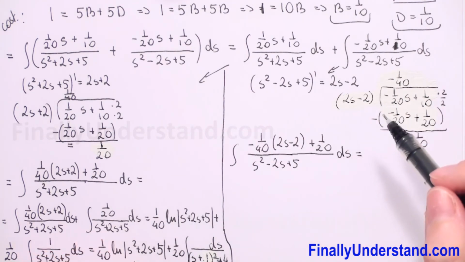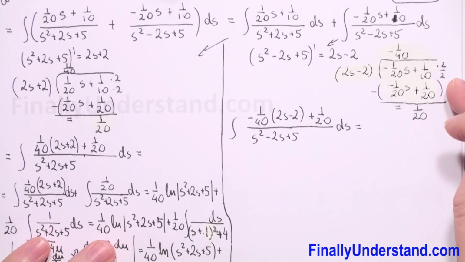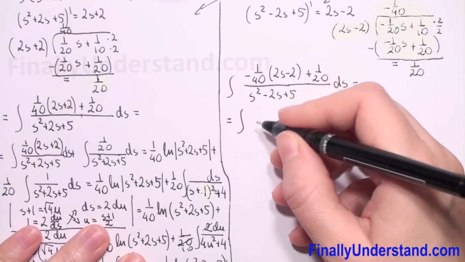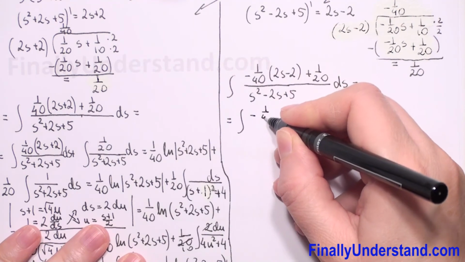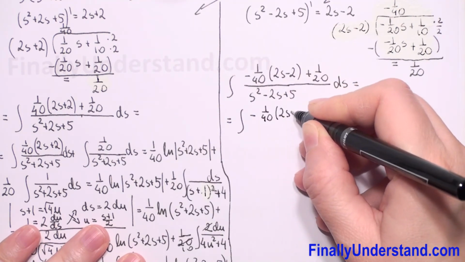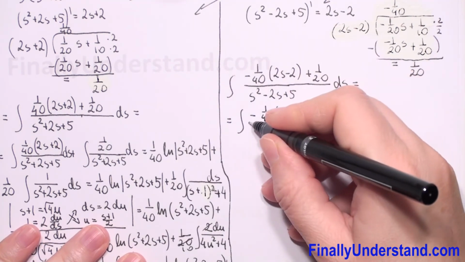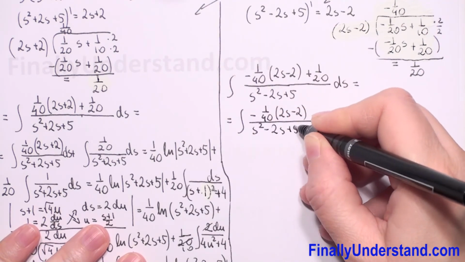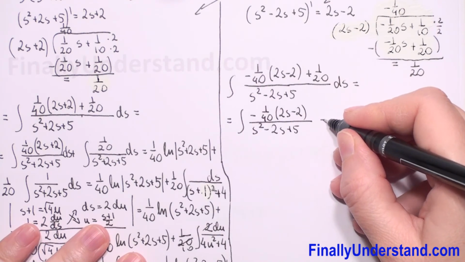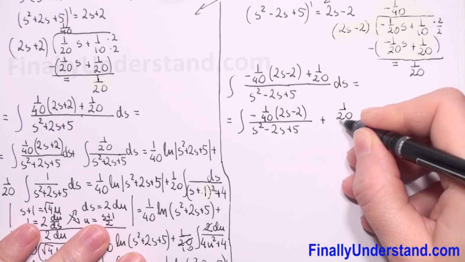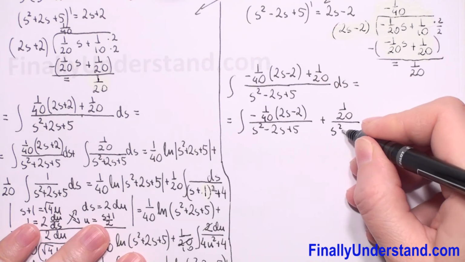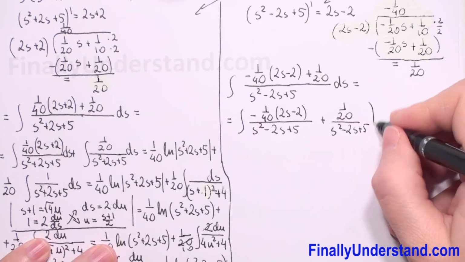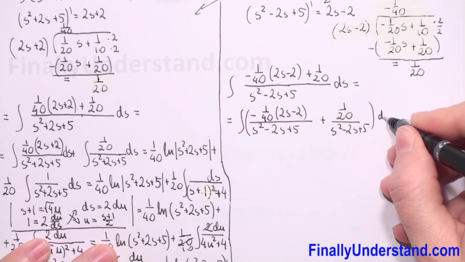Now we can rewrite this fraction, and we will have that this is equal to the integral of negative 1 over 40 times (2s minus 2) over (s squared minus 2s plus 5), plus 1 over 20 times 1 over (s squared minus 2s plus 5), with respect to s.